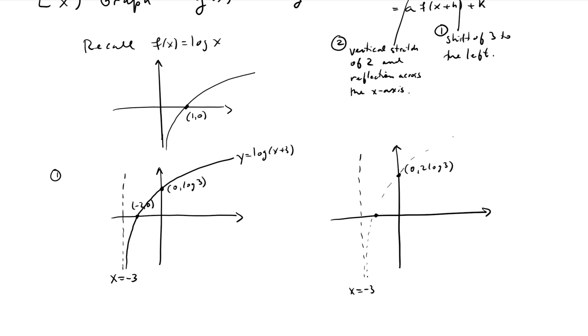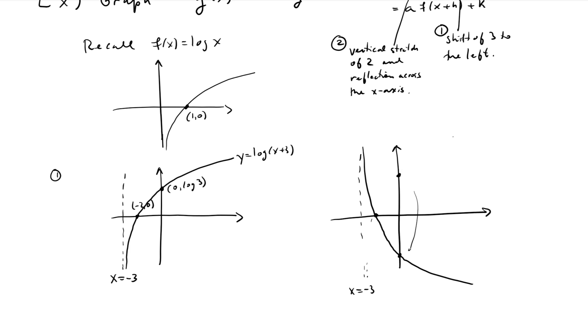But remember that I want to actually reflect it across the line y equals x. So this point here is going to go all the way over there. This one will stay where it is. So in fact, my graph will look like this. Let me erase it.